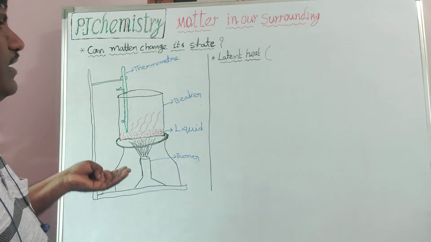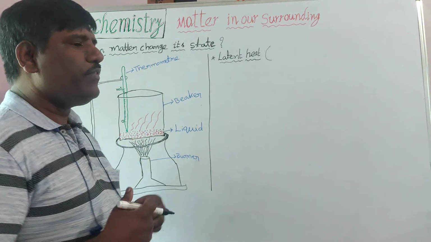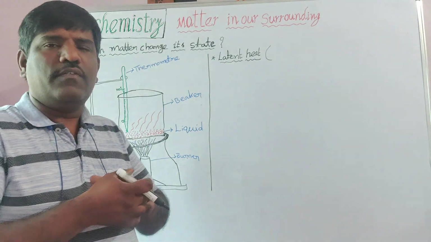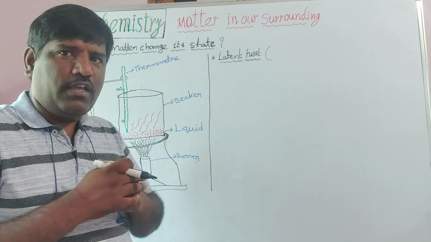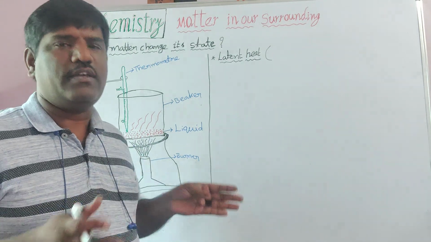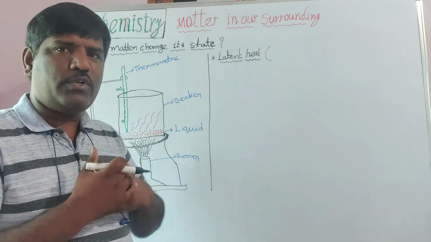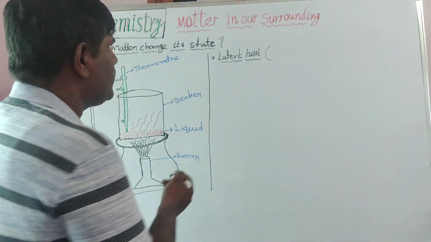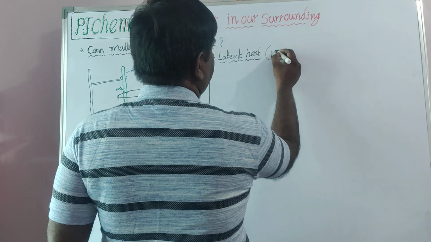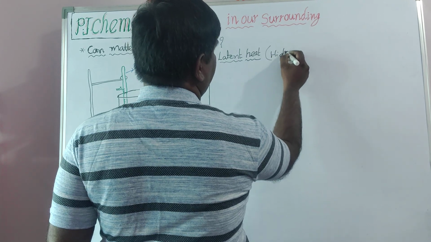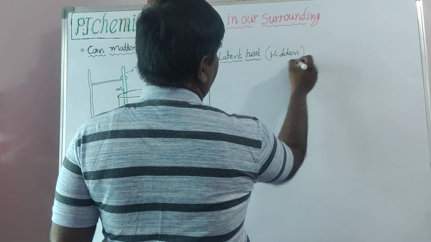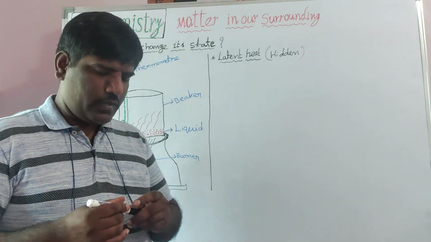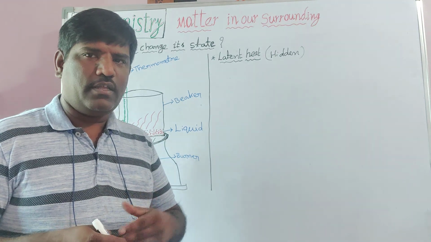Until then, the heat we transferred is absorbed by the molecules, and the forces of attraction between the molecules become weaker. That is what allows the transfer from solid to liquid, liquid to vapors. So latent heat is nothing but hidden heat. Latent means hidden.